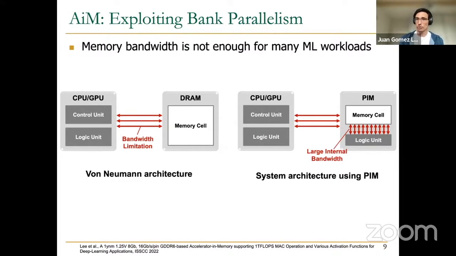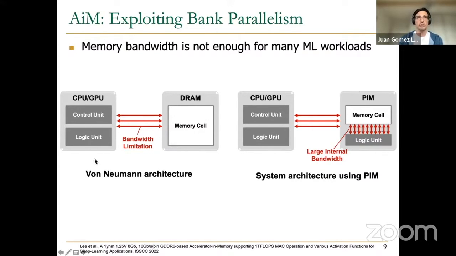So what this work proposes is extending the memory arrays with some logic units that can take advantage of the larger internal bandwidth that exists inside the DRAM, inside the memory chips.